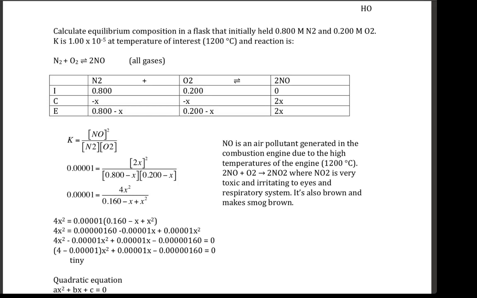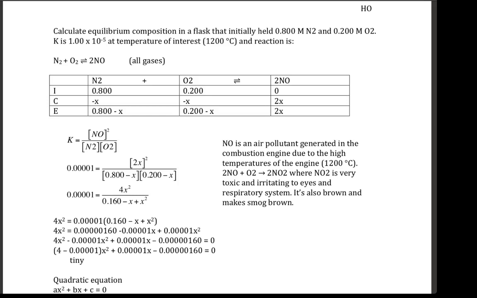That equals 2x squared divided by 0.8 minus x times 0.2 minus x. So a little bit of algebra simplification gives 4x squared divided by 0.160 minus x plus x squared.